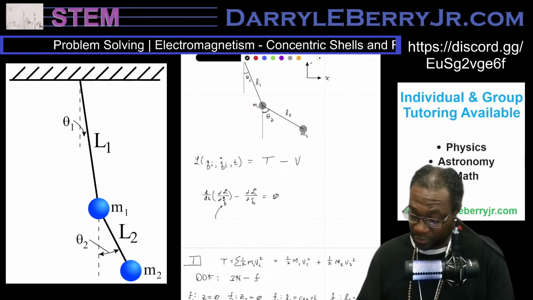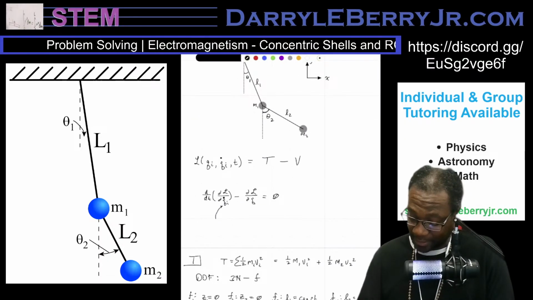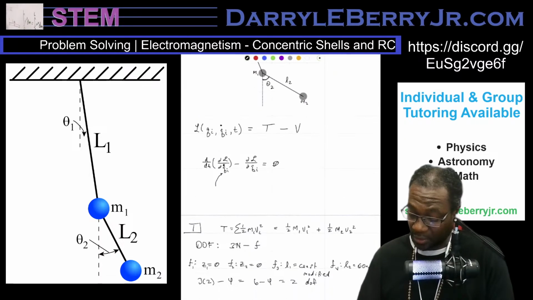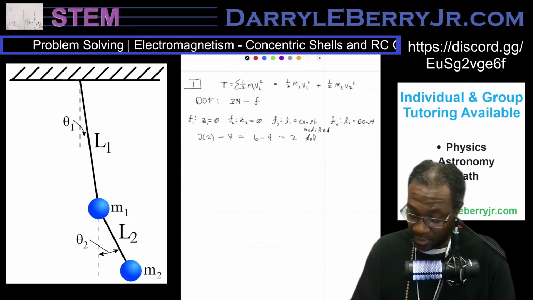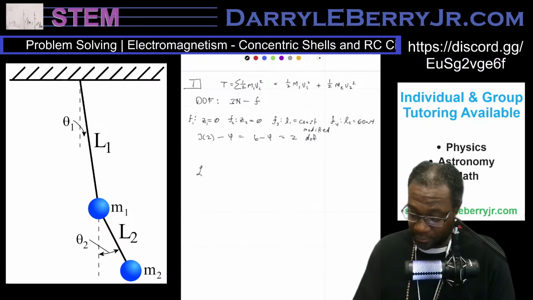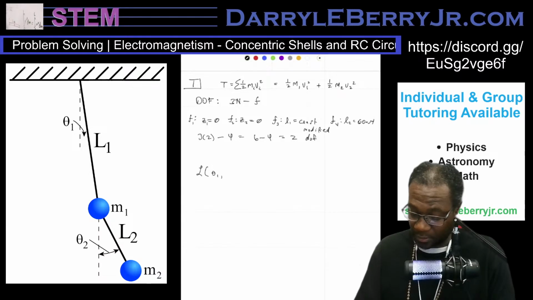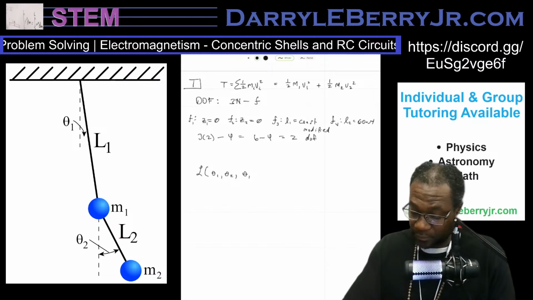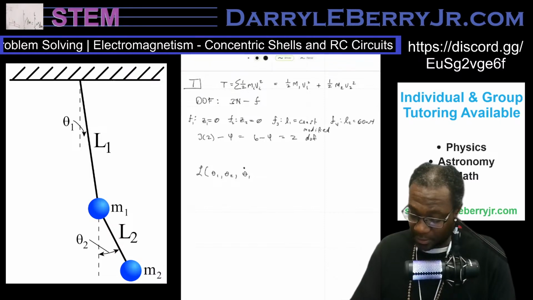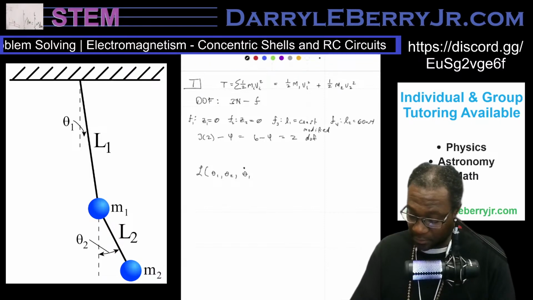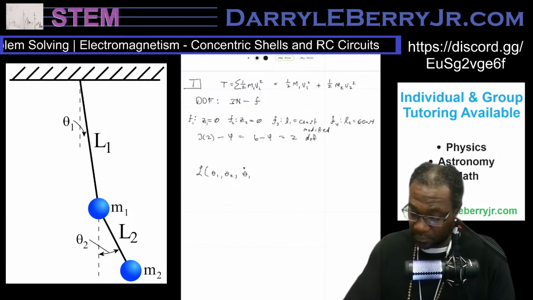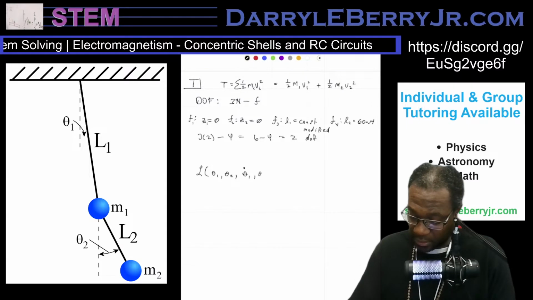So that means that these q_i's are going to be theta 1 and theta 2. So I can say my L is going to be a function of theta 1, theta 2, theta 1 dot, and theta 2 dot.